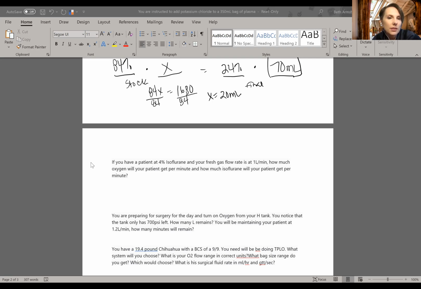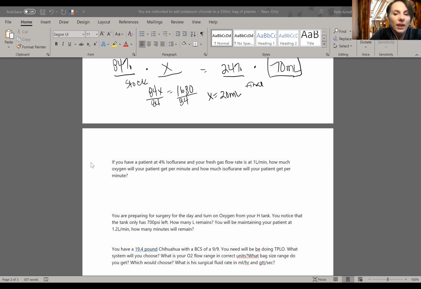Does that make sense? Good. So does that help you try to figure out that problem? Okay, so 100%, we just minus 4% from 100%.